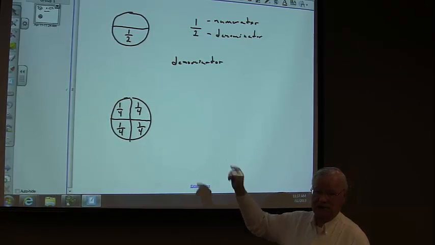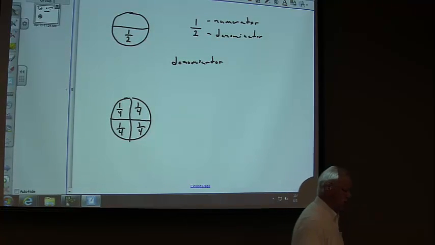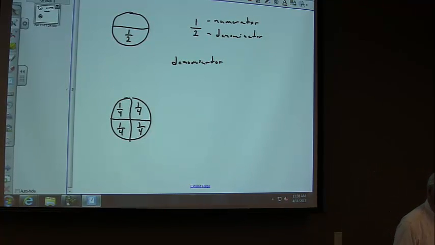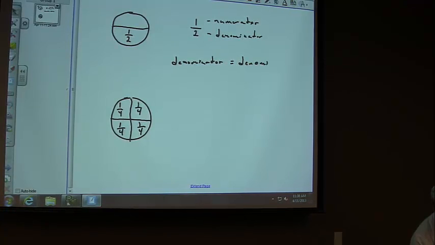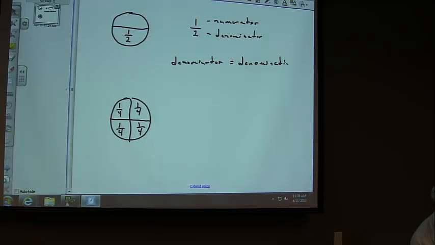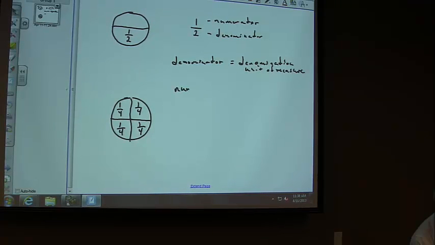So the top, the numerator, which comes from the same root as number, talks about the number of slices. The denominator talks about the denomination, or unit of measure. The numerator is talking about the number.